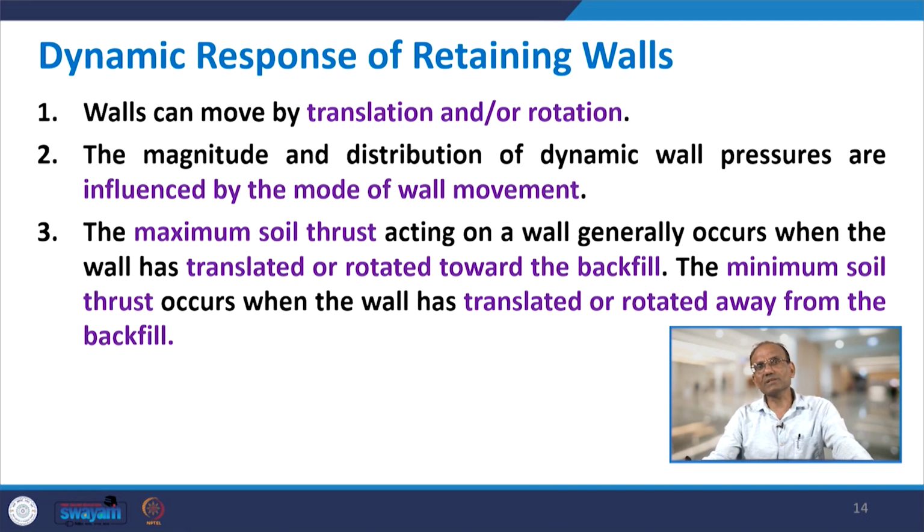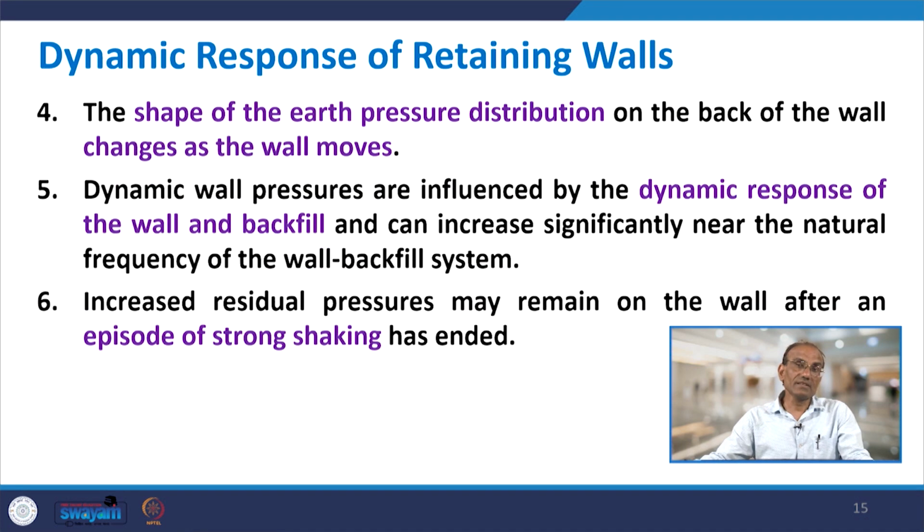The minimum soil thrust occurs when the wall has translated or rotated away from the backfill. So, the soil thrust will be the minimum when the wall is translated or rotated away from the backfill. The shape of the earth pressure distribution on the back of the wall changes as the wall moves. So, when there is a movement of the wall, accordingly the shape will change.